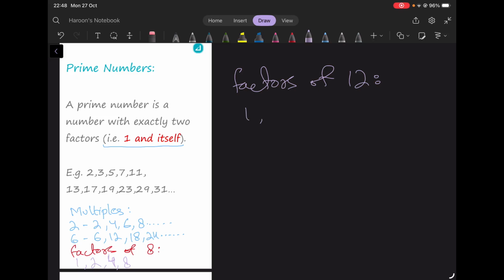So 1 definitely, 2 yes, all even numbers. 2 would be its factor. 3 yes, 3 times 4. So 4 as well. 5 not really. 6, yes, 6 times 2. Then when you reach the half point, the next numbers apart from the number itself won't be its factor. So for example, 7, 8, 9, 10, 11, they are out. 12, yes, 12 times 1. So 1 and the number itself is definitely a factor.